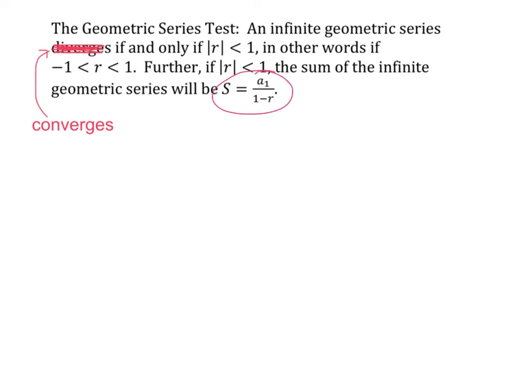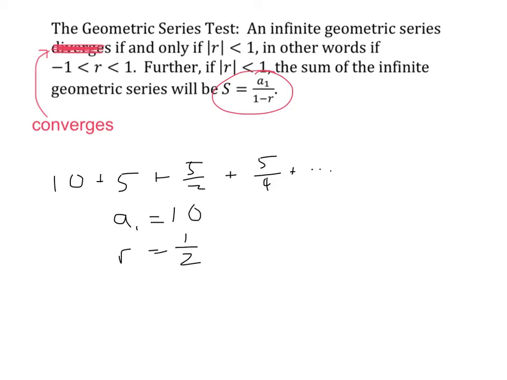So, that example I had on the previous page, we actually started with 10, I believe. We did 10 plus 5 plus 5 halves plus 5 fourths, and so on. This was an infinite geometric series whose first term was 10 and whose common ratio was 1/2.